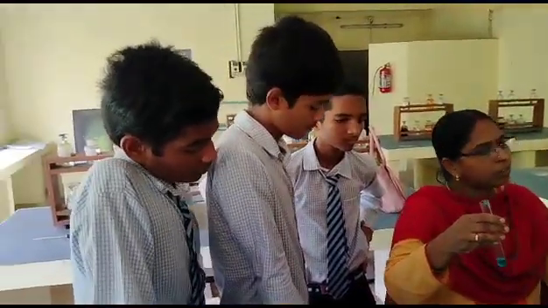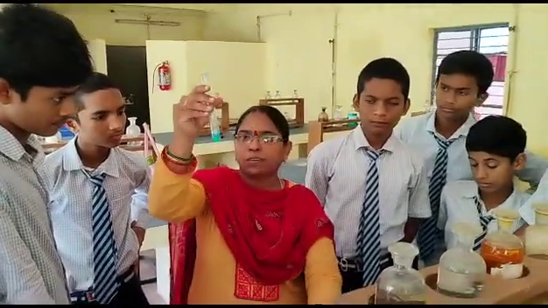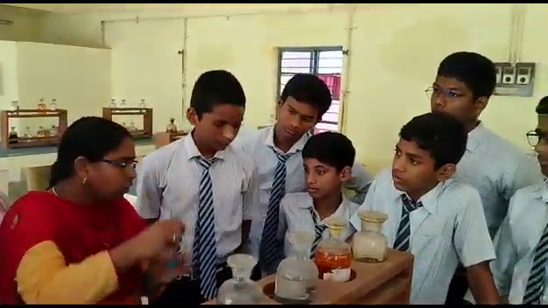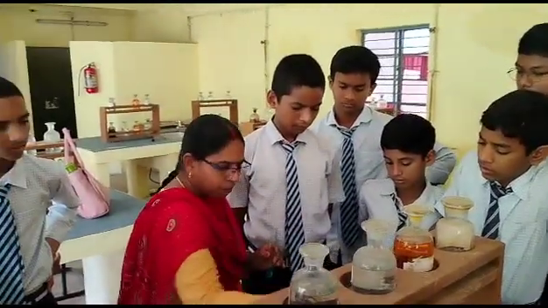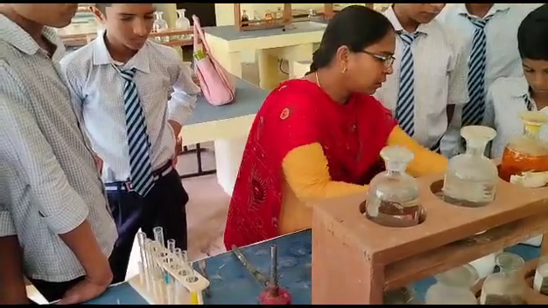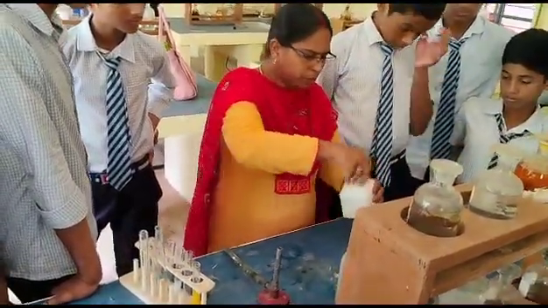So the first test is with BaCl2, which we are doing now, and this is copper sulfate solution I have taken. So to this what do we have to add? BaCl2 solution. BaCl2 is barium chloride.